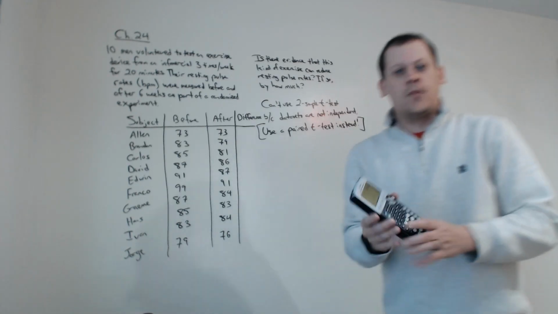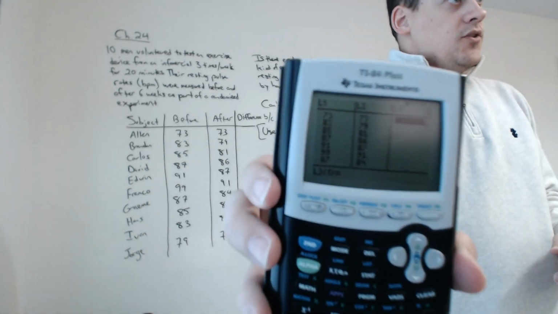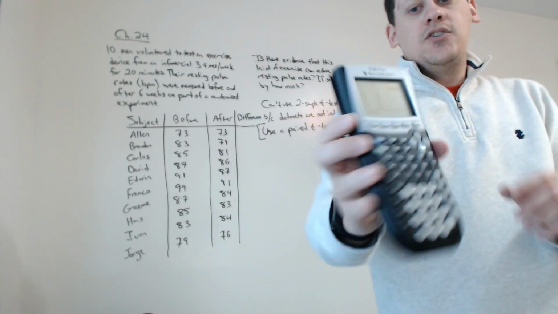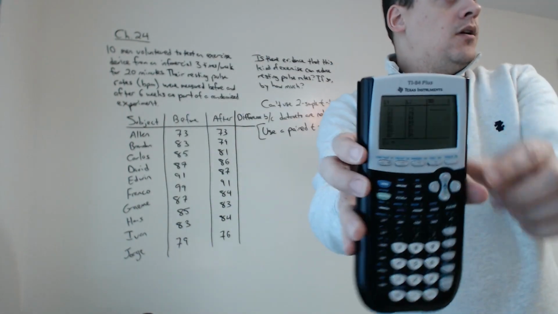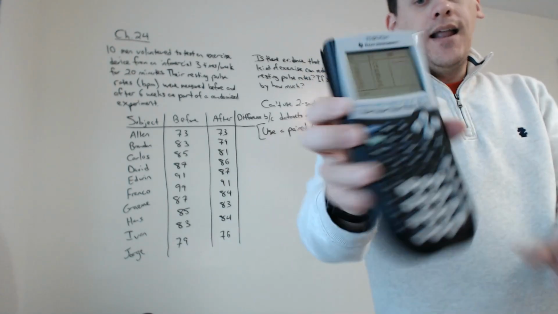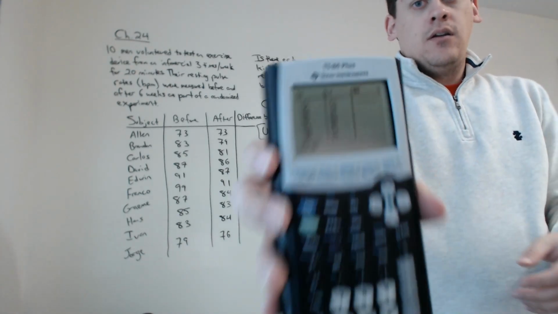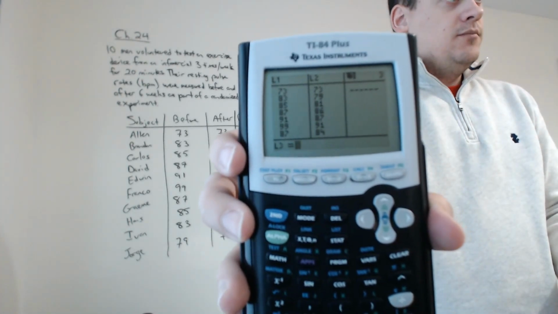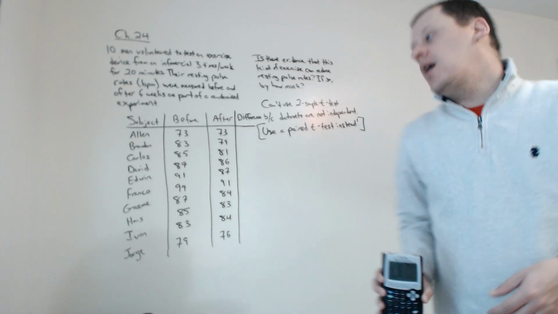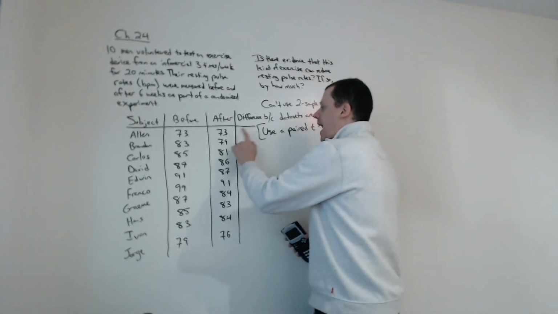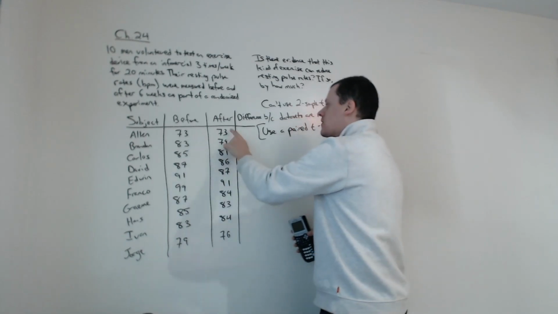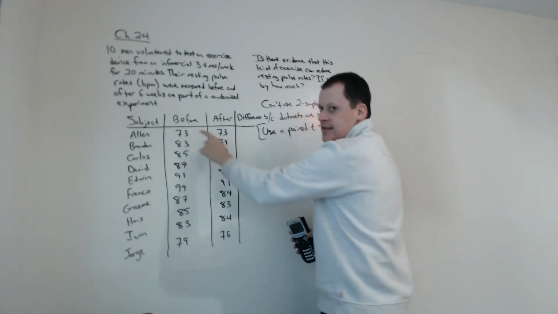Okay. So you've got your L1 and L2. Those are our numbers there. In L3, you need to scroll up so that L3 is highlighted and hit enter. Okay, now put your cursor down there at the bottom. It's blinking where it says L3 equals. We want to take after minus before. So we want to take L2 minus L1.